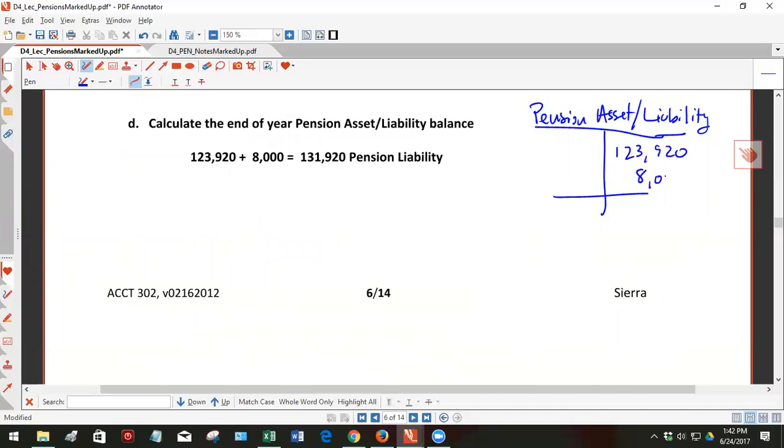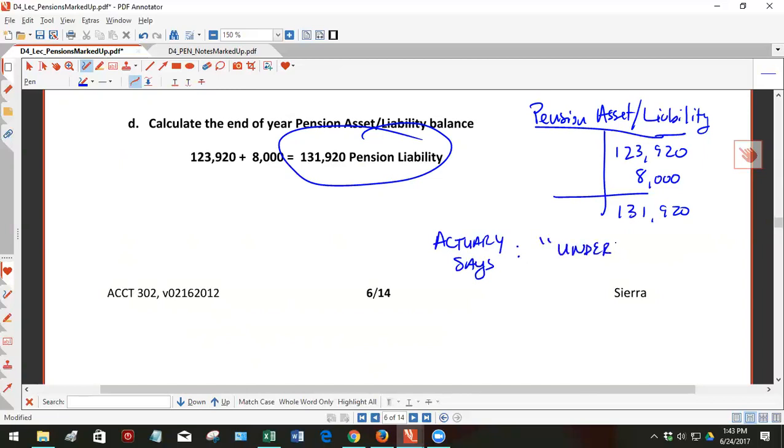We add another credit, and you end up with 131,920 pension liability. All right. Once again, if it's a pension liability, the actuary says this is underfunded. You have more obligation than assets to pay them off. So that's example 1 from the lecture note.